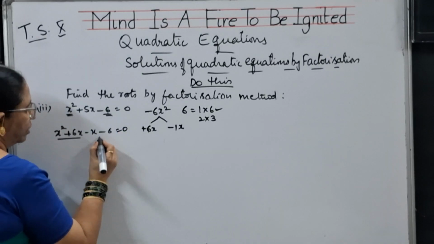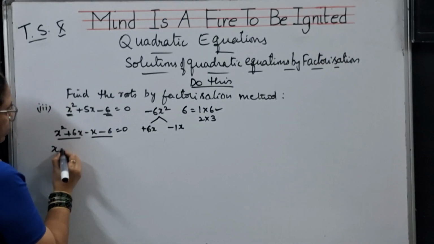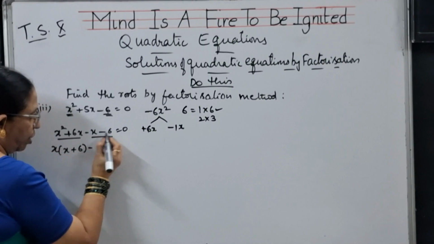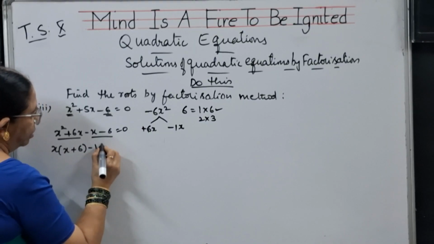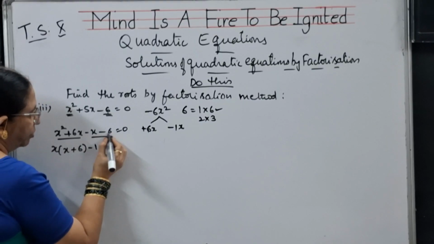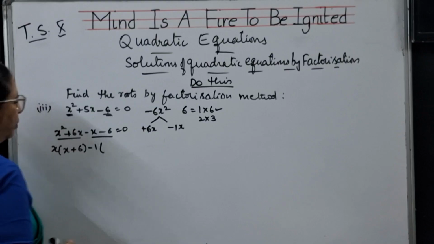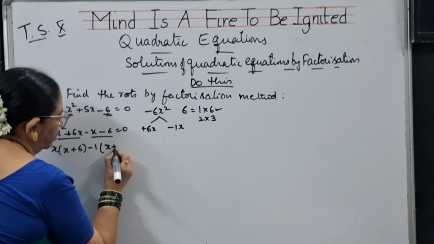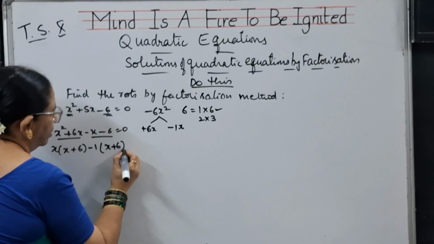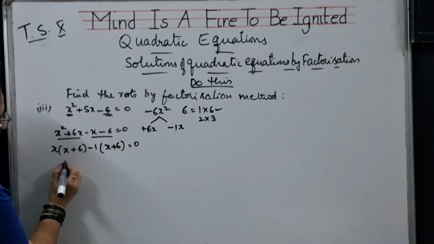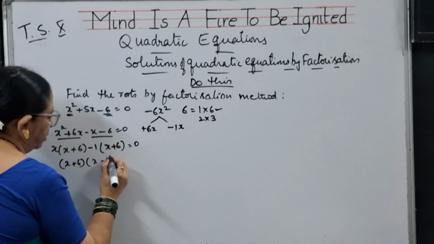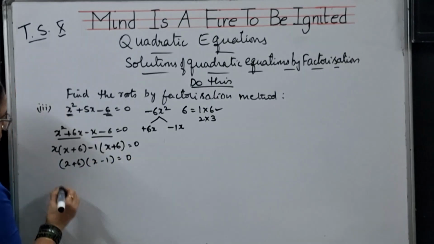That is these two as factors, these two as factors. x(x + 6) - no common is there, means take 1. Don't forget this, children. No common factor means you have to take 1 into (x - 6)... see, minus is here means you have to write plus 6 = 0. That means (x + 6)(x - 1) = 0.